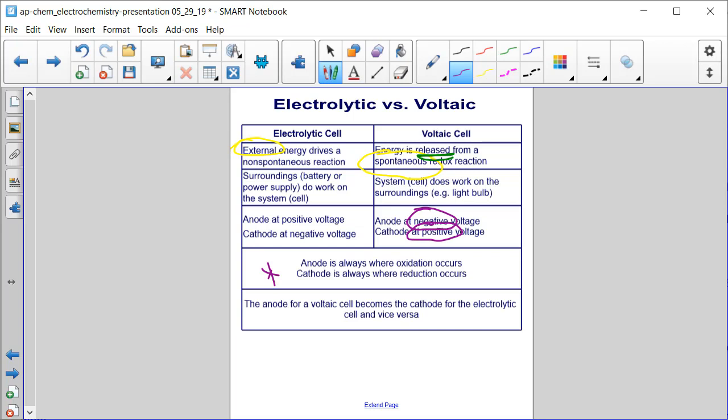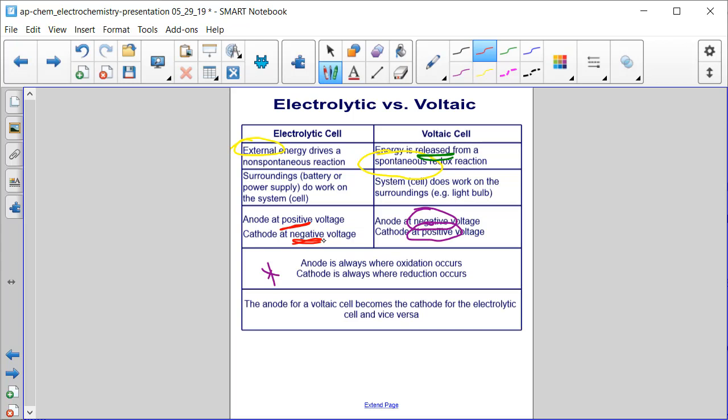If that's true for a voltaic cell, we know that an electrolytic cell is working in the opposite direction, and so the sign will switch. So the anode in an electrolytic cell is positive, and a cathode is negative. We have this switch summarized at the bottom here, where the anode for a voltaic cell becomes the cathode for the electrolytic cell, and vice versa.